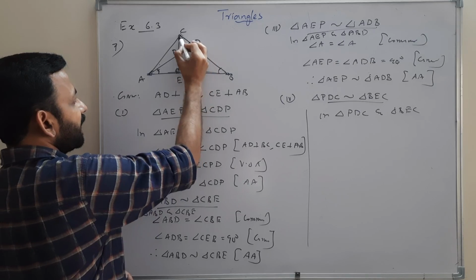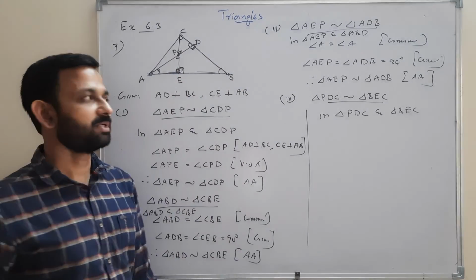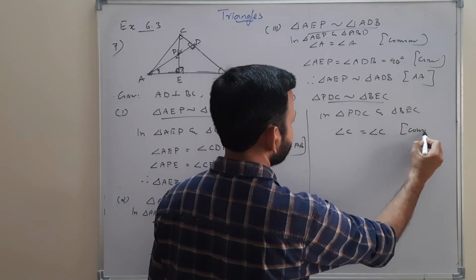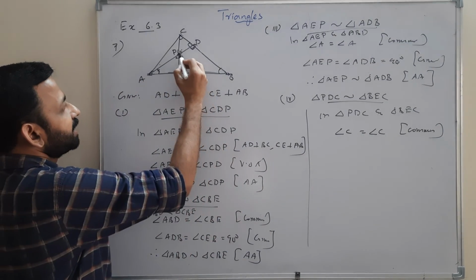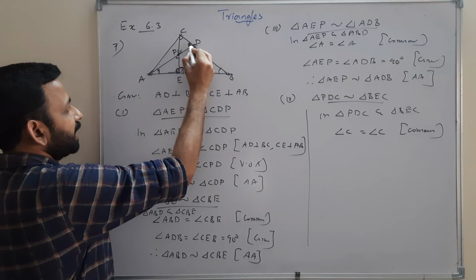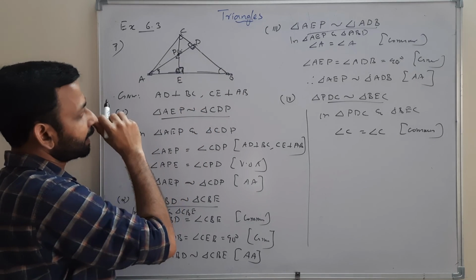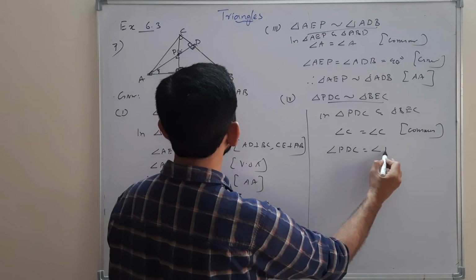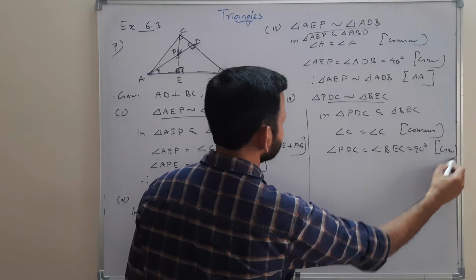When we compare triangle PDC and triangle BEC, angle C is common. So angle C equal to angle C, common. And in triangle PDC 90 degrees, in triangle BEC again 90 degrees: angle PDC equal to angle BEC equal to 90 degrees, reason given.